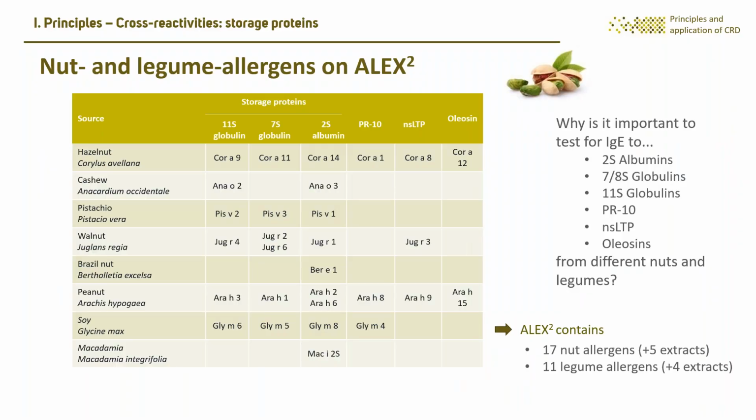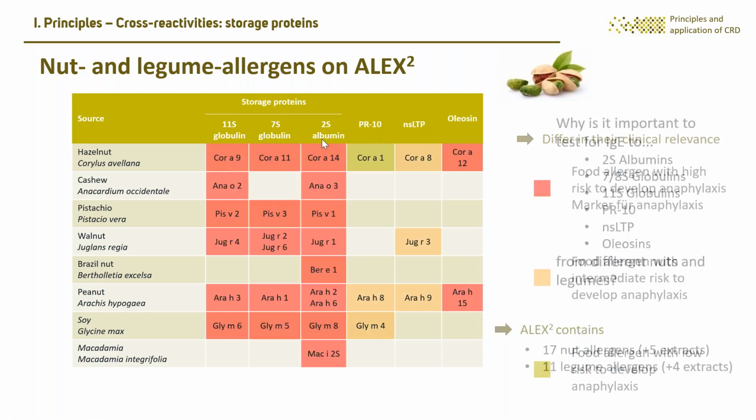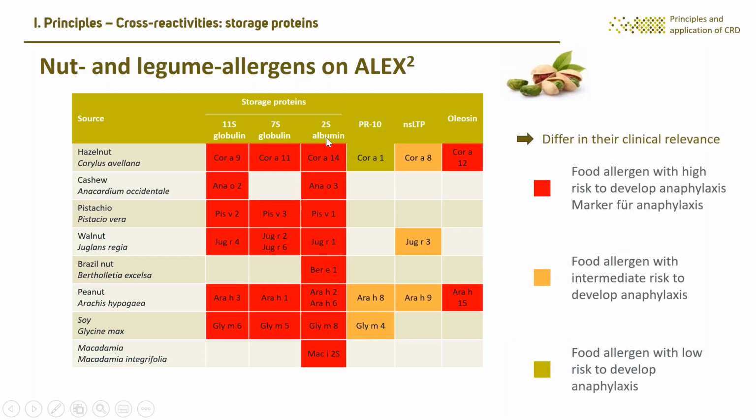One very important example is the storage proteins from different nuts, legumes, and seeds like different globulins, 11S globulins, 7S globulins, and 2S albumins. Well, all of us know that these storage proteins can be really dangerous for the patient. They can cause very severe symptoms and even death of the patient.